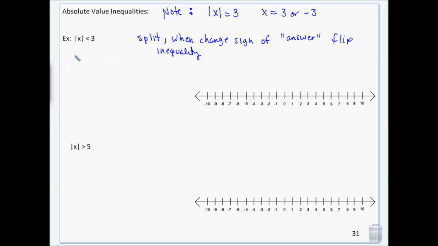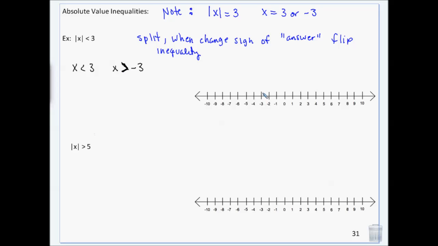So what I have is, if the absolute value of x is less than 3, x is less than 3, x is greater than -3. So I changed to the -3, I flipped my inequality.